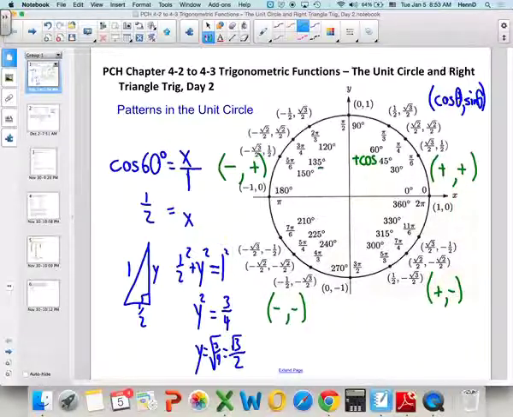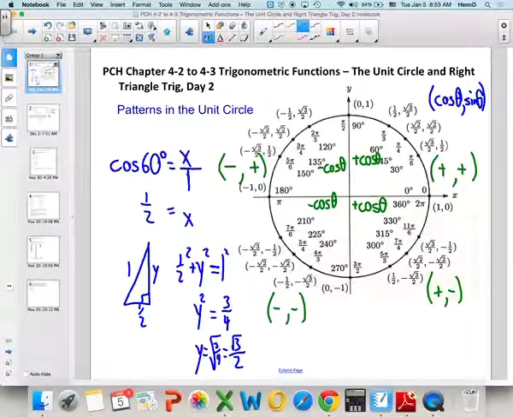It's negative. Any angle between pi and 3 pi over 2 is going to have a negative cosine. And any angle between 3 pi over 2 and 2 pi is positive.